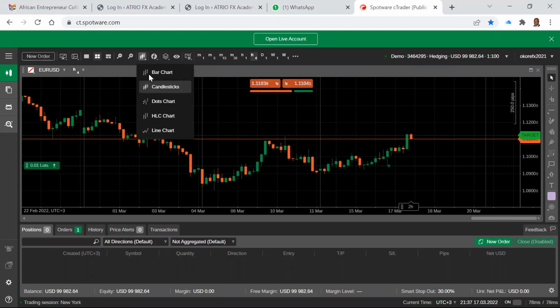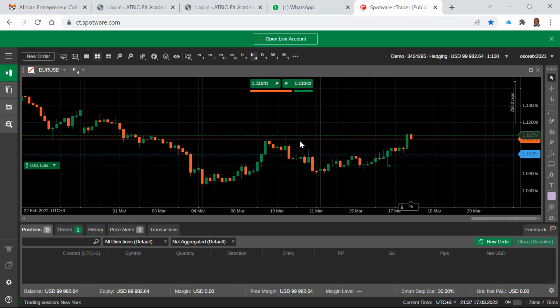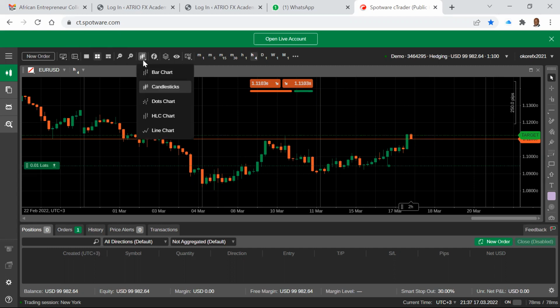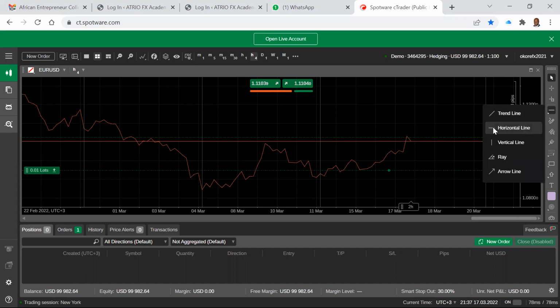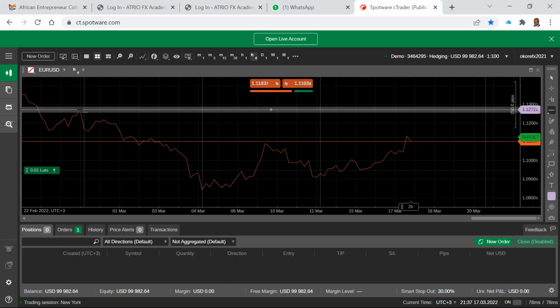And then you click on the line chart right there. Right now we are at the bar chart, but if you click on the line chart, all this will become just a line, a line, a line, a line. So like a line that goes like that, up, then down, then up. Okay. So let me see, right there, line chart, there. And then you do the same thing. Okay, you draw your lines like that.